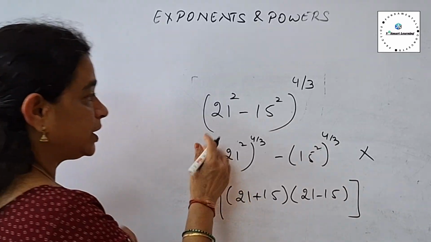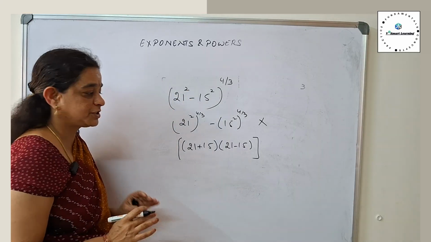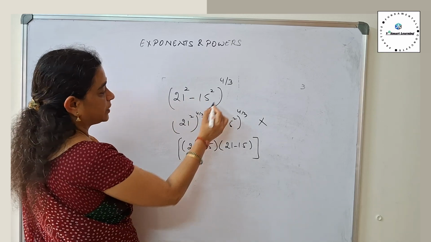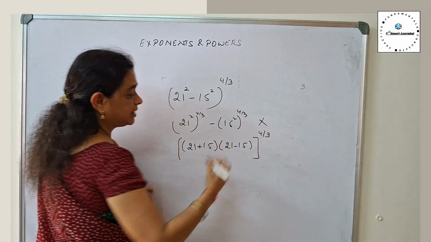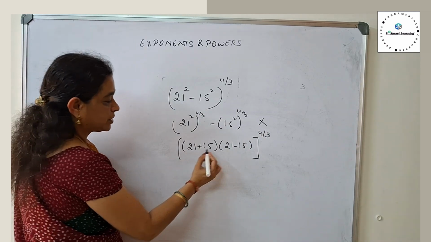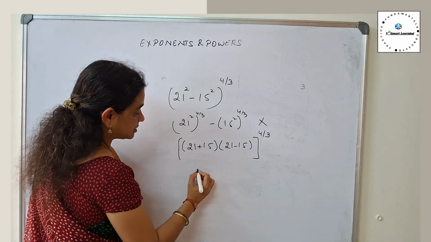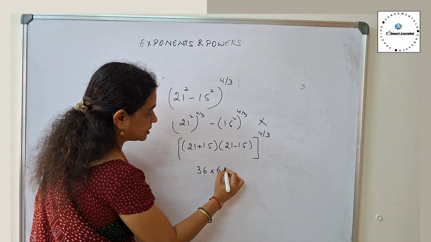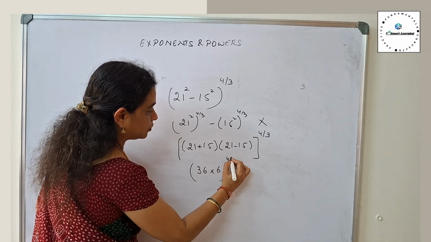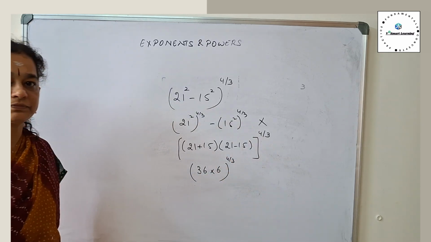Don't do 21 into 21, 15 into 15 and waste your time. I have not yet raised this to the power of 4 by 3. I have to do that. So now what is this? 21 plus 15 is 36, into 6, whole to the power of 4 by 3.